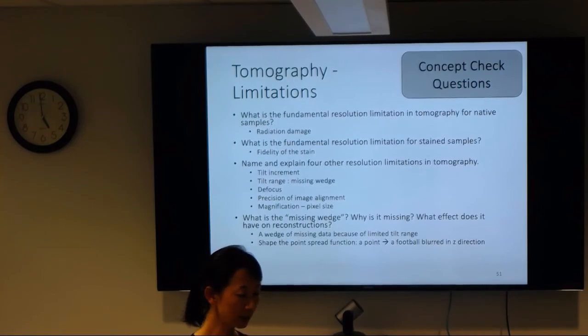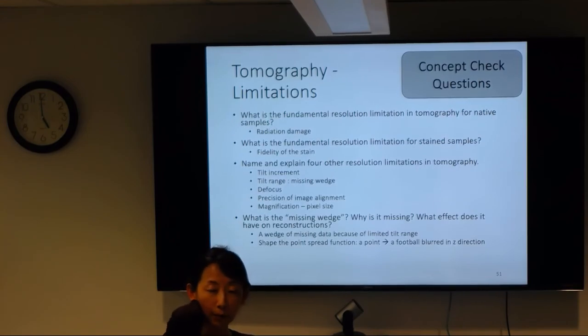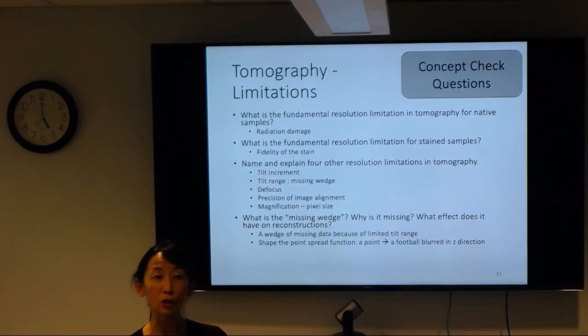And negative stain really depends on how good the reagent is, how fine the granule is, and the fidelity of the staining process. And then the resolution limit, as we discussed, is a factor of the tilt increment. You need to decide what your resolution goal is, be practical, define your magnification, which is your pixel size, define your tilt increment, and always remember the missing wedge artifact when you interpret your data in tomograms.